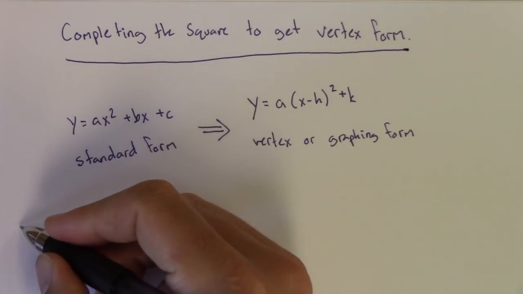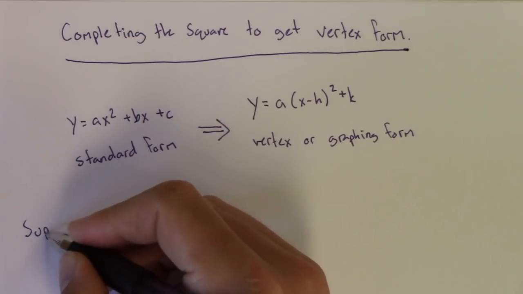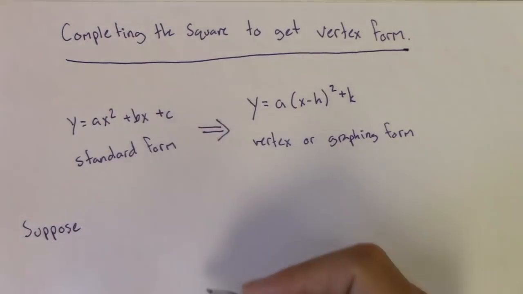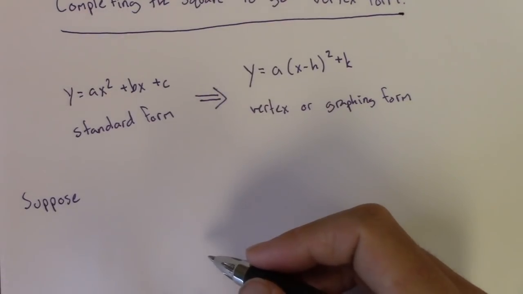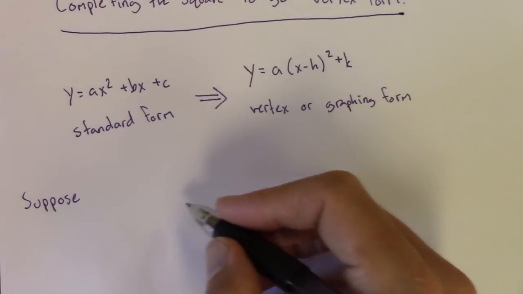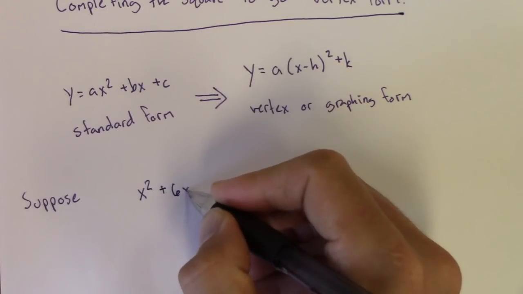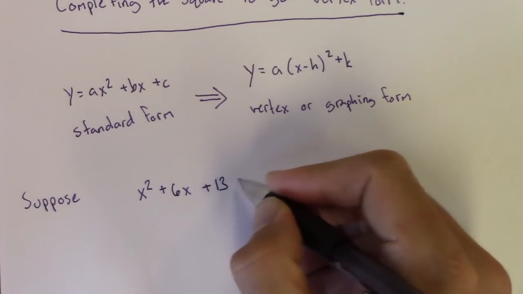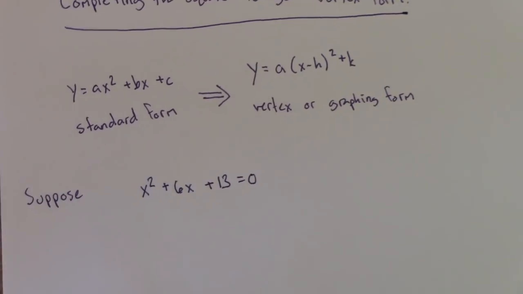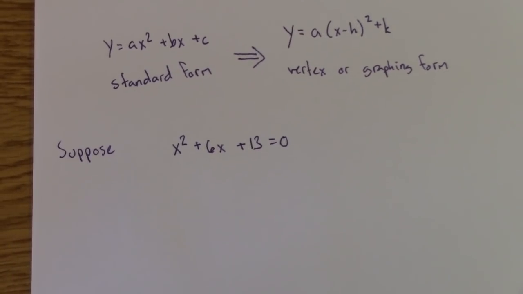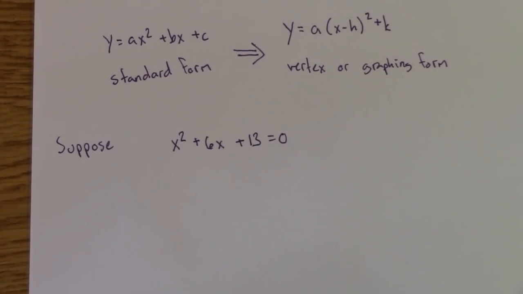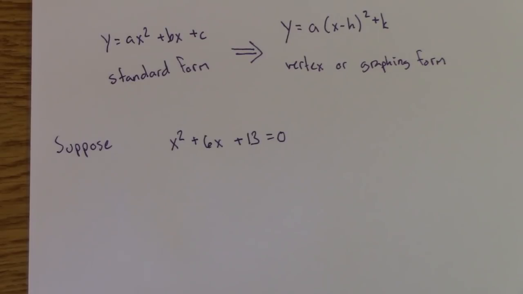So as an aside, suppose you were given the following equation to solve, and you were asked to find x: x squared plus 6x plus 13 equals 0. Now, if we were simply asked to find that equation right there, our go-to strategy would be to factor and solve.